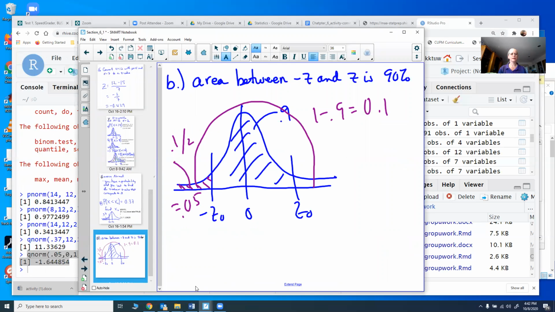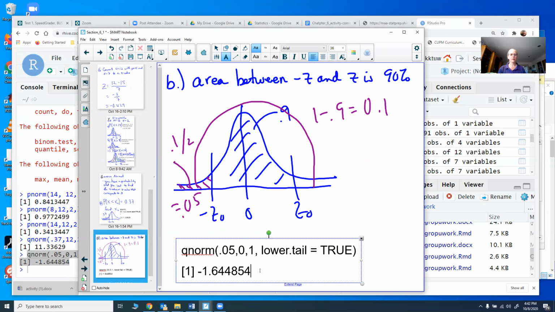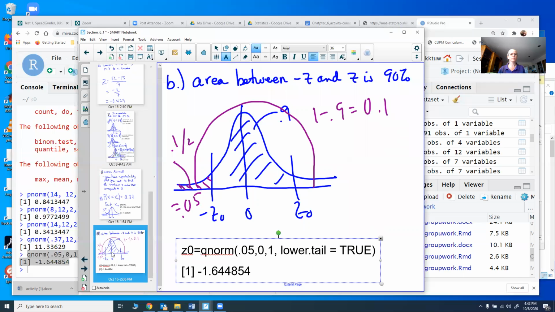And again, I can put that in here. So I now know what this is. This is actually my z0. It equals that qnorm, and it equals negative 1.6448, or 1.65 if you want to. That's the negative one. The positive one, of course, is just positive 1.65. And that's how we do finding probabilities.